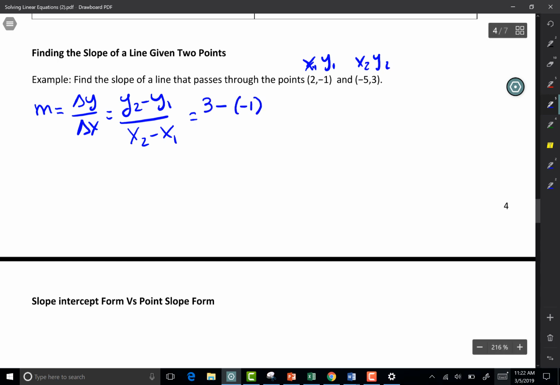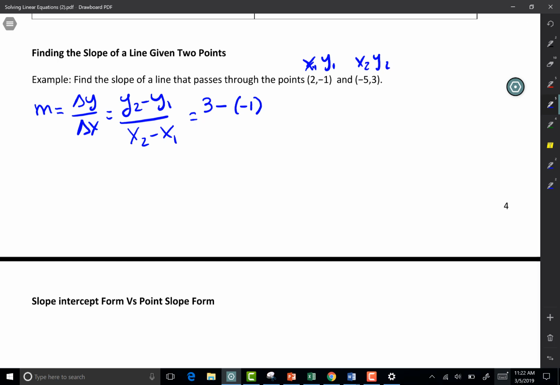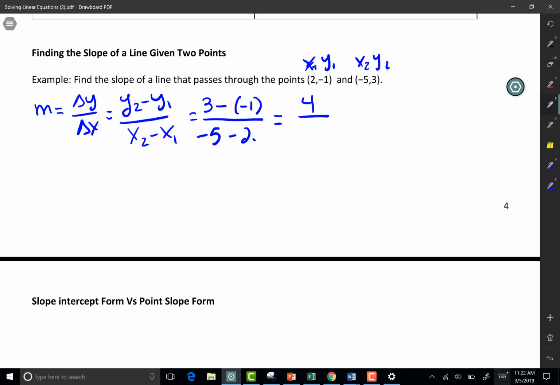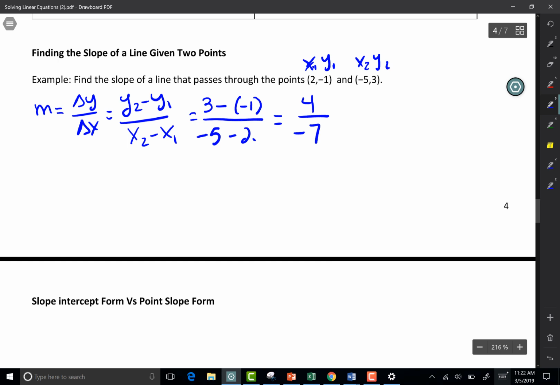Be careful with those double negatives. There's a minus in the formula to take the difference, and then there's a negative in our number for y1. So I'm taking 3 and I'm subtracting a -1, and then when I take x2 minus x1, that gives me a -5 minus 2. So that gives me a 4 on top, 3 plus 1, because I've got a double negative, and then -5 minus 2 on the bottom gives me a -7.